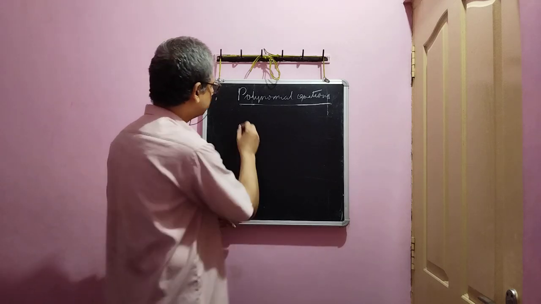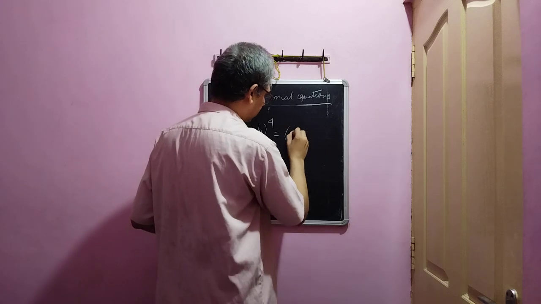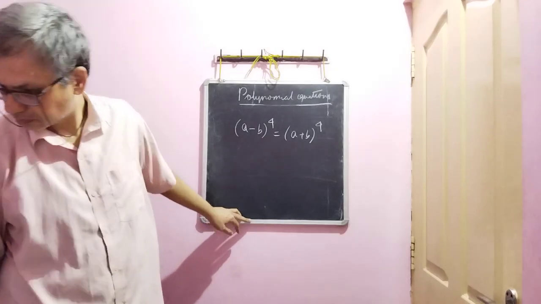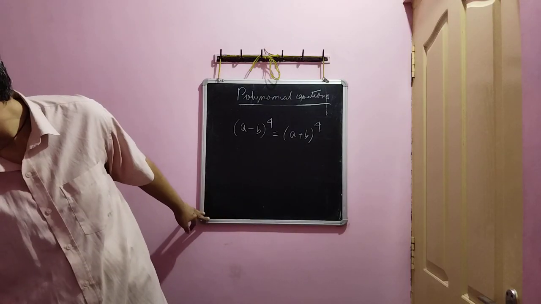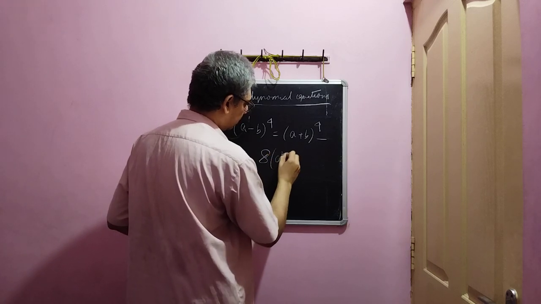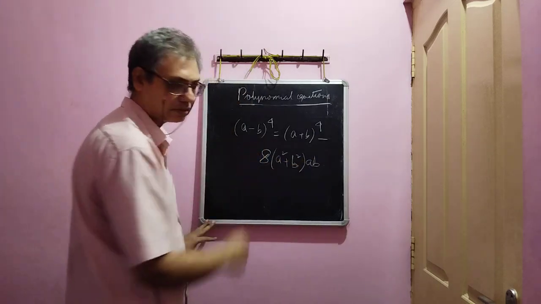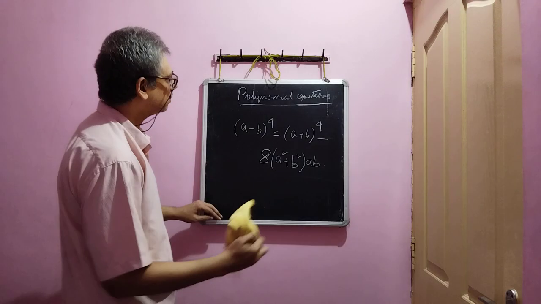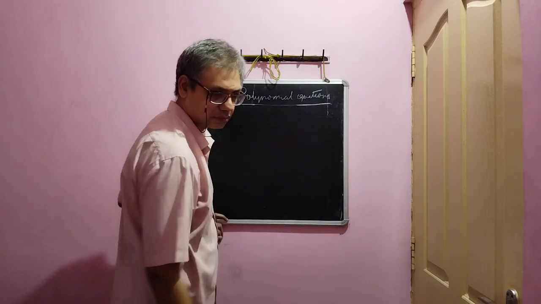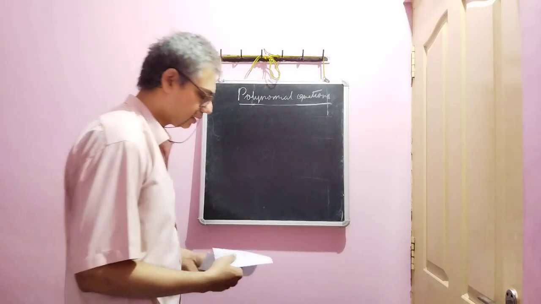There again, we will have to make use of the fact for the biquadratic equation that (a - b)^4 is equal to (a + b)^4 minus 8 times (a^2 + b^2) times ab. For the biquadratic, you have to make use of this formula to obtain one. Thereafter, you will obtain a cubic equation which can be solved using the method for the cubic one. So higher degree equations can always be solved in terms of equations of lower degree.